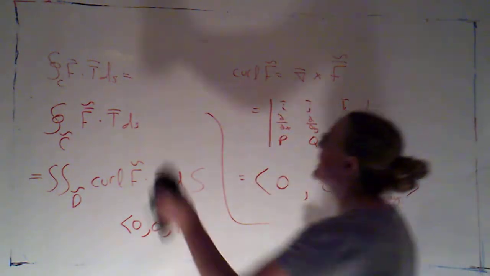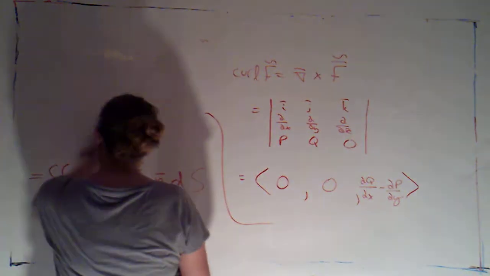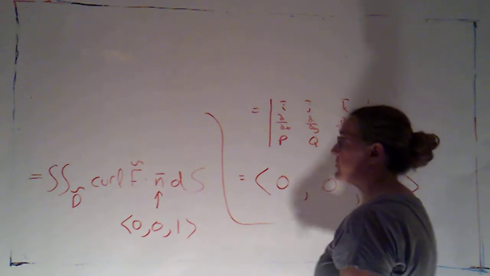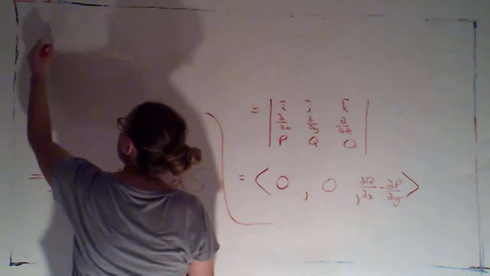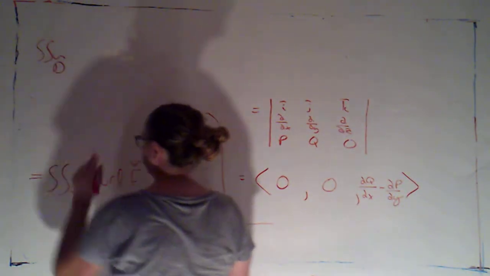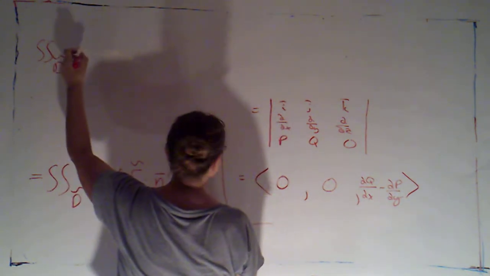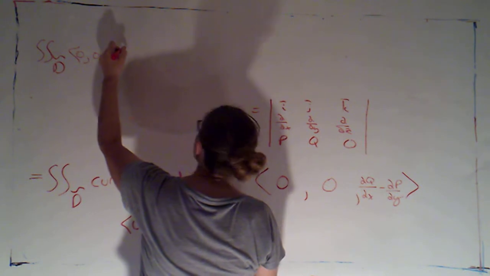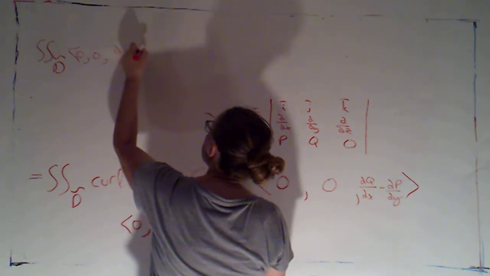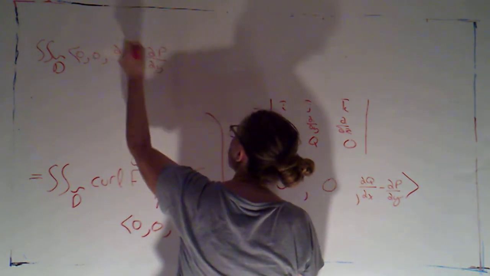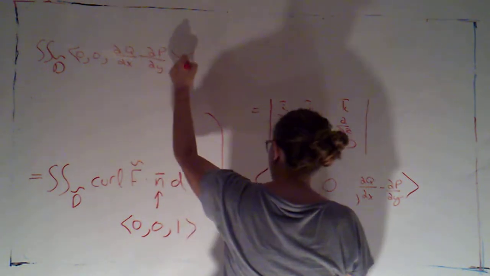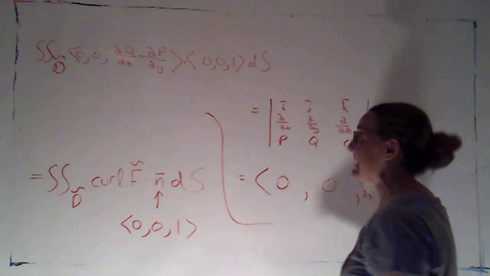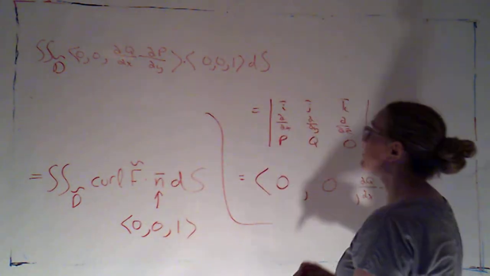Let's see. Now, I can plug in to this integral. We're getting the double integral over D tilde of the curl of F, which is just 0, 0, partial of Q with respect to x minus the partial of P with respect to y, dotted with 0, 0, 1 dS, viewing that still as a surface integral.